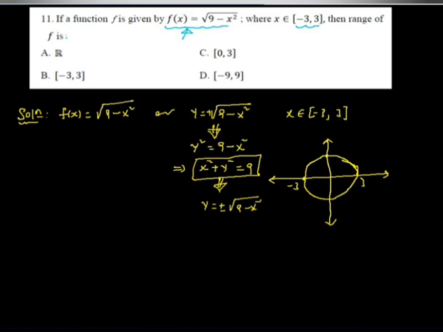So y will be from 0 up to 3. Okay, whenever x is between minus 3 and 3, y ምን ይሆናል ማለት ነው? y will be between 0 and 3 ይሆናል ማለት ነው። So the answer for question number 11 is C.